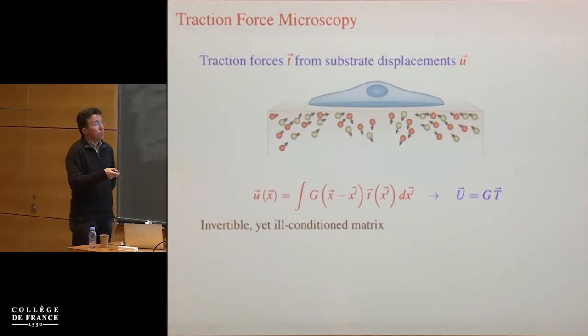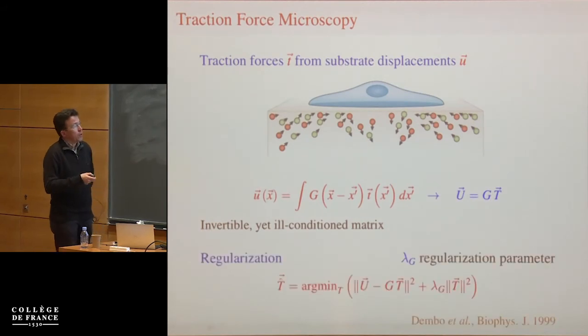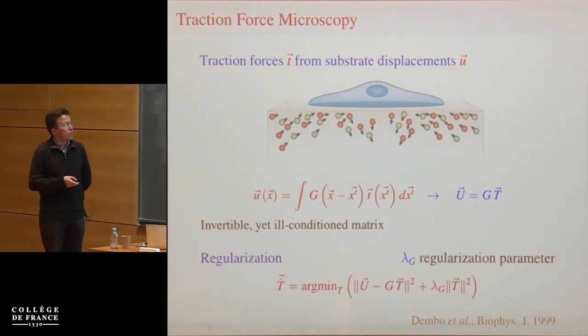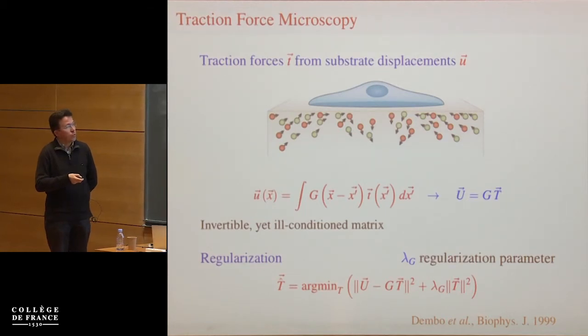Here the matrix is square and a priori invertible, but it is badly conditioned, which explains that people have had to resort to regularization procedures in order not to amplify the noise when performing the inversion. And a standard way to do this is to introduce a regularization parameter that will allow to include as a weight in the calculation the norm of the traction forces, and therefore to avoid unphysically large values of the traction force when performing the inversion.